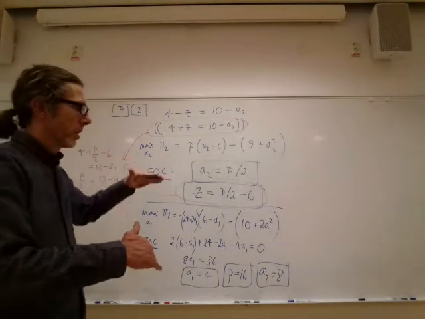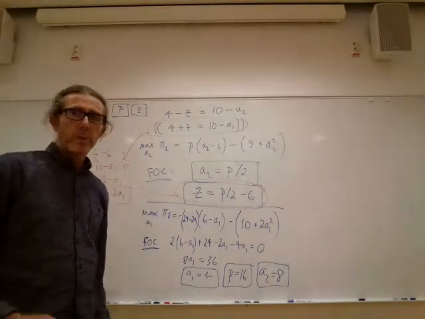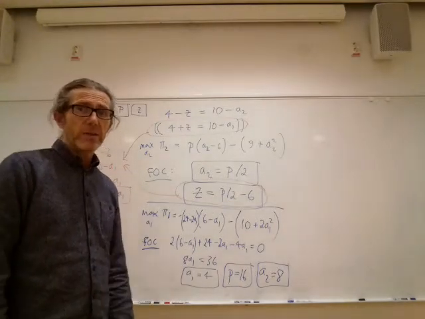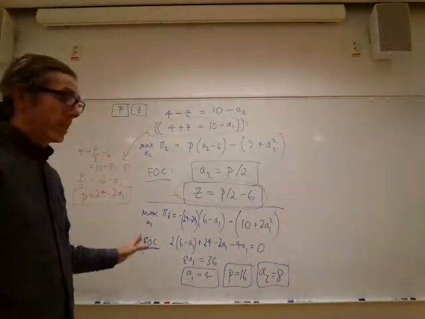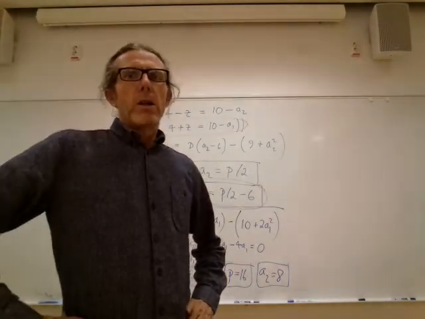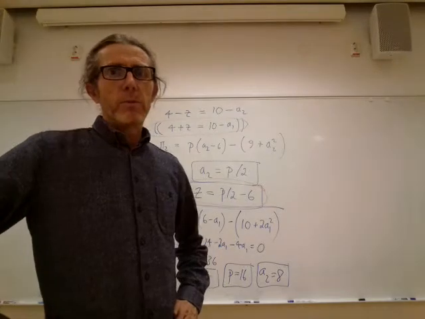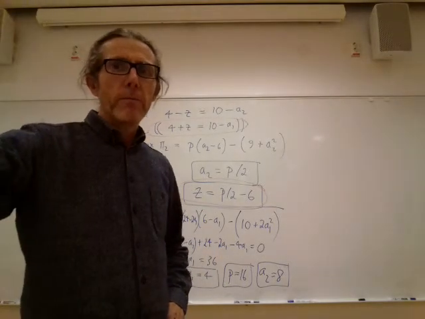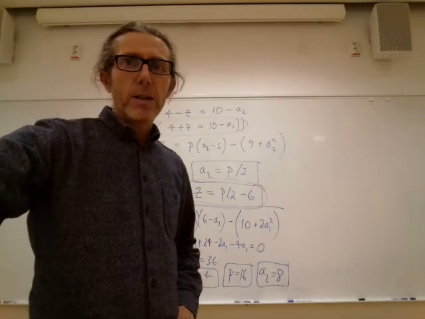Unless we've got this kind of convexity in the problem, which means that we always know we're going to have an internal solution. We don't have that convexity here. So that's important to bear in mind, especially when you're dealing with real world problems. Okay, that's me for now.